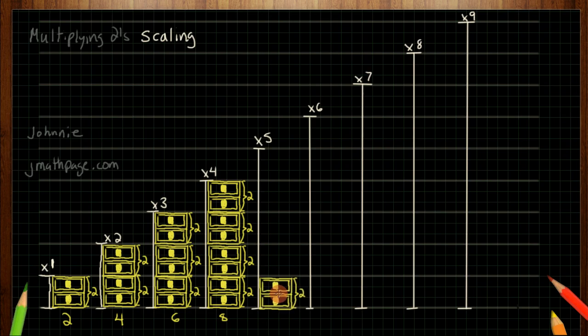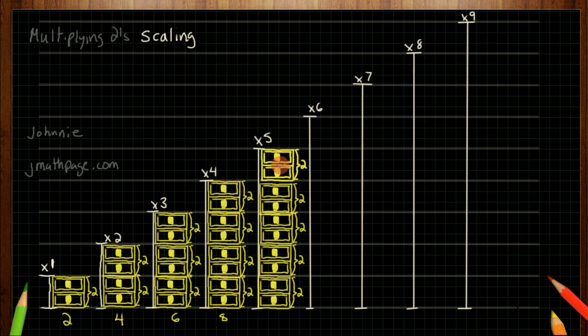What about here? Let's see, 1 stack, 2 stacks, 3 stacks, 4 stacks, 5 stacks. 5 stacks of 2 boxes. Well, let's see, 2, 4, 6, 8, 10 boxes altogether. That's 5 times as many as just 1 stack of 2 boxes.